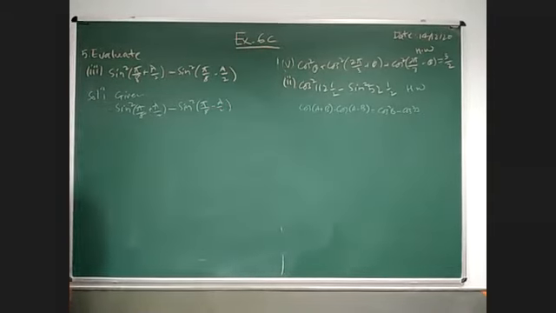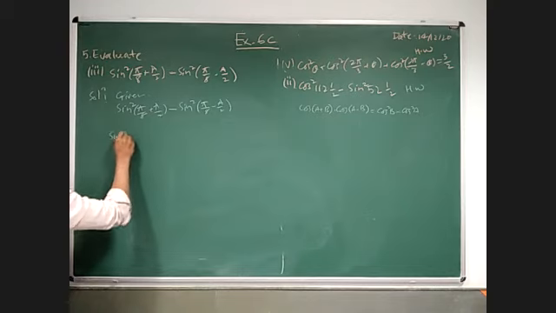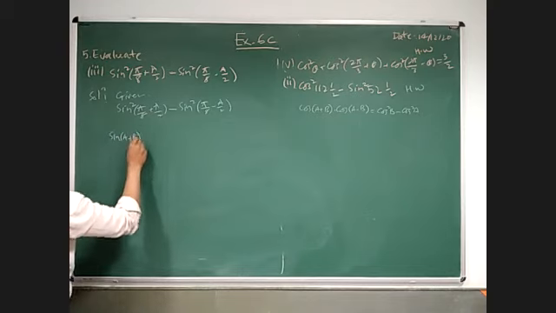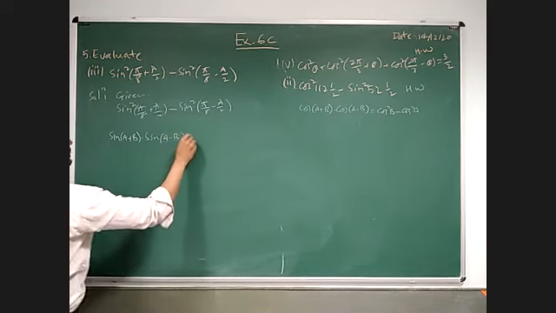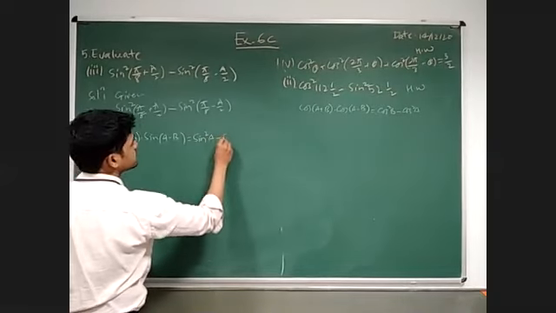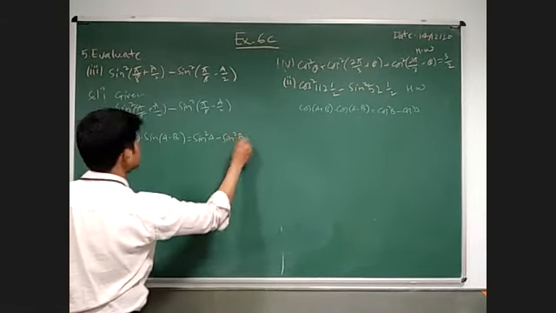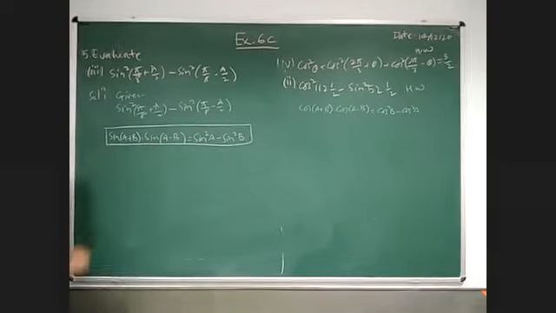So here again I am going to use the same formula: sine (A plus B) into sine (A minus B) is nothing but sine square A minus sine square B. This is the formula that I'm going to use.